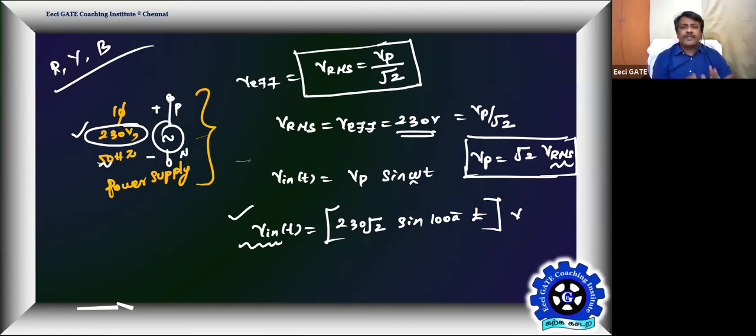That is responsible for making the value of the AC source as effective as your DC source. So we call it V effective, or in the mathematical sense, VRMS. Okay, understood?